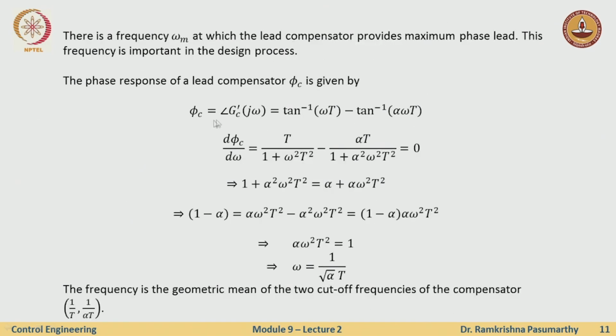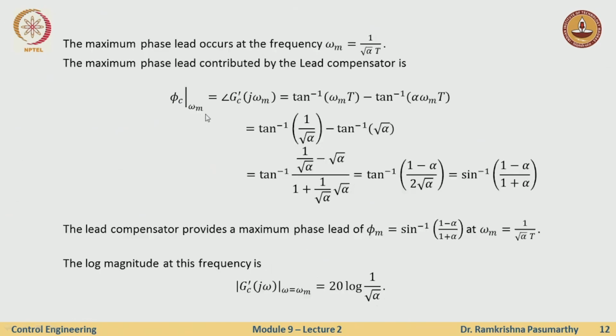First I find the frequency at which the maximum phase lead occurs, I substitute it into this expression and I get the maximum value of phi c. So two questions: what frequency? It occurs at this frequency. What is the value of the maximum phase lead? That angle is written in terms of alpha with just a few little steps. So given alpha, I can find phi m or vice versa.